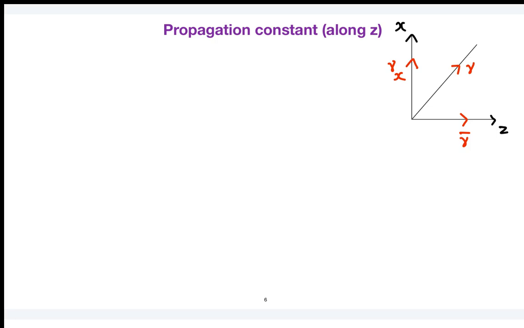Okay. First, we'll discuss the propagation constant. Since the wave is propagating in this, the resultant propagation constant is gamma. After resolving, along z you define it as gamma bar, and along x as gamma x. What is the relation between these three?